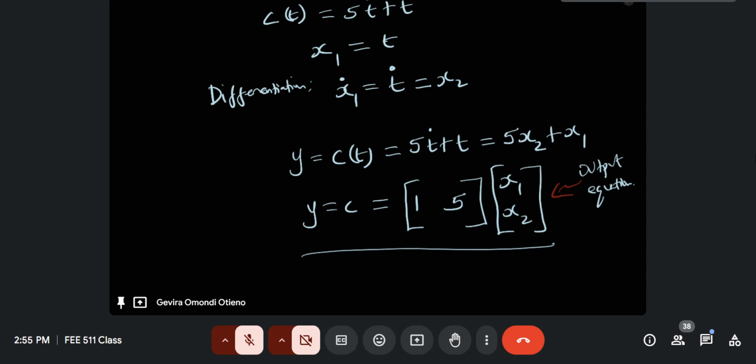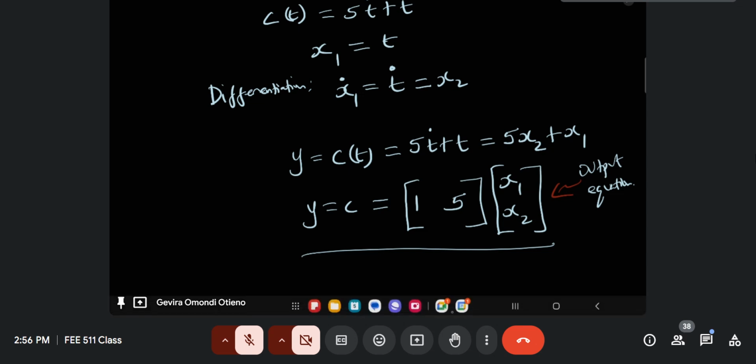But when you convert it back to transfer function, it quickly makes sense for you to know the relationship between the input and the output. So we also have a formula or a procedure for converting from state space to transfer function. That is left for the next class, which should be Monday.